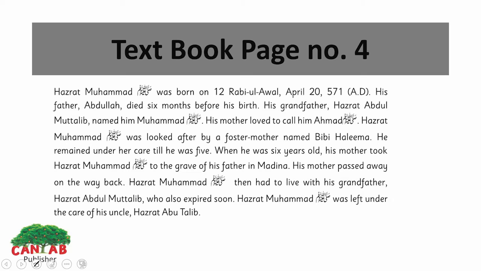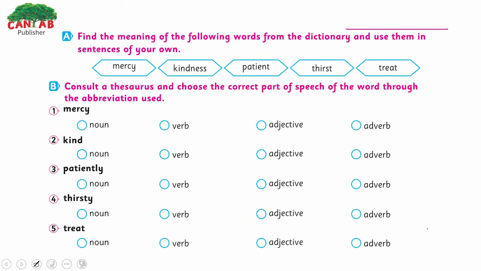Dear students, if you look at the page number 4, you will find the first paragraph of unit 1. Here, if you read it carefully, you can find so many examples of parts of speech that we have discussed in detail. Now let's move to the exercises.